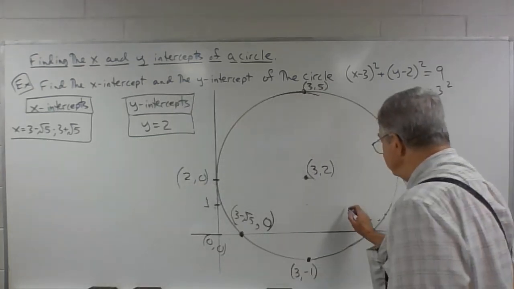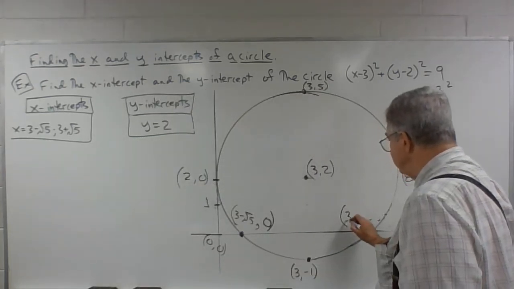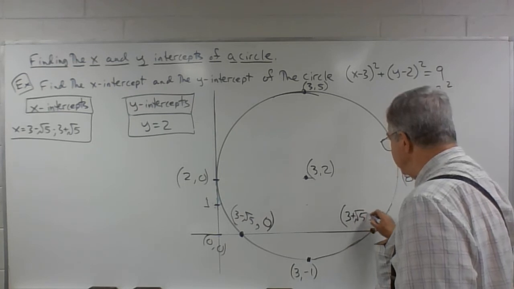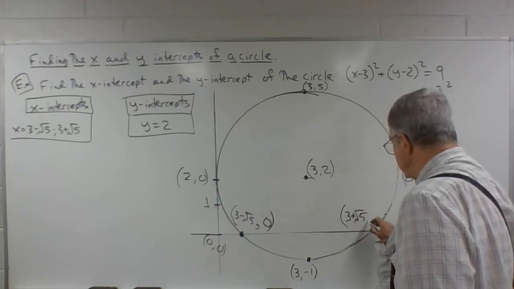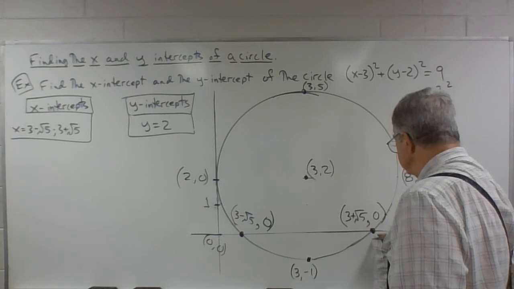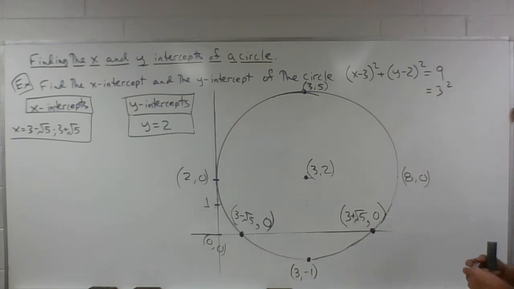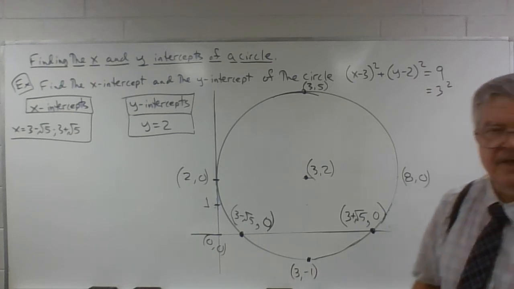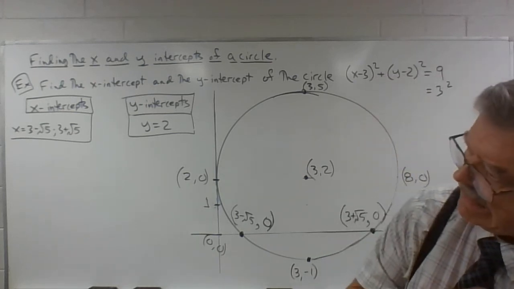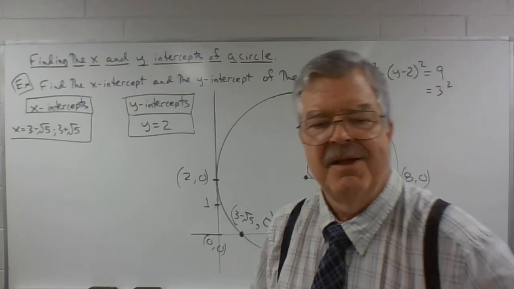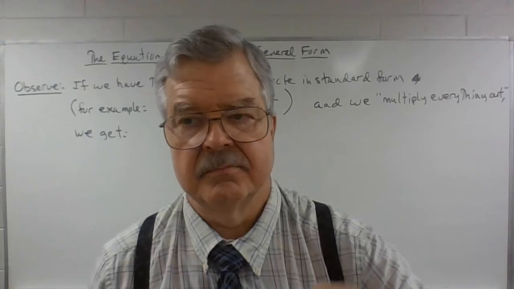And likewise, this is going to be x equals 3 plus square root of 5, and again, y equals 0 since we're on the x-axis. Okay, what did they say? Third time's a charm? Let's go on.